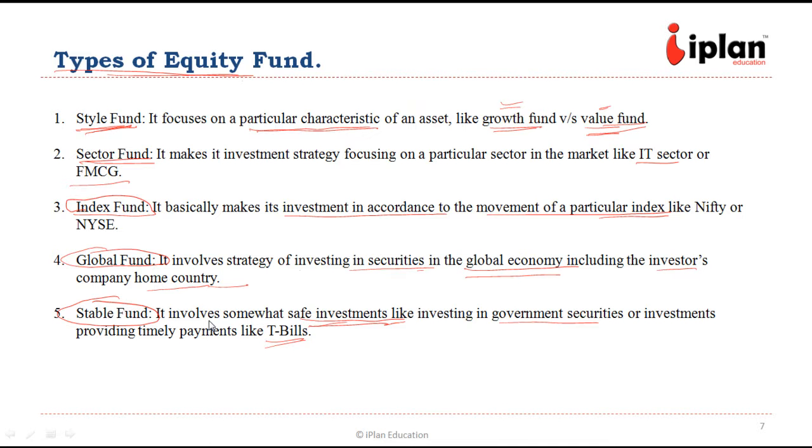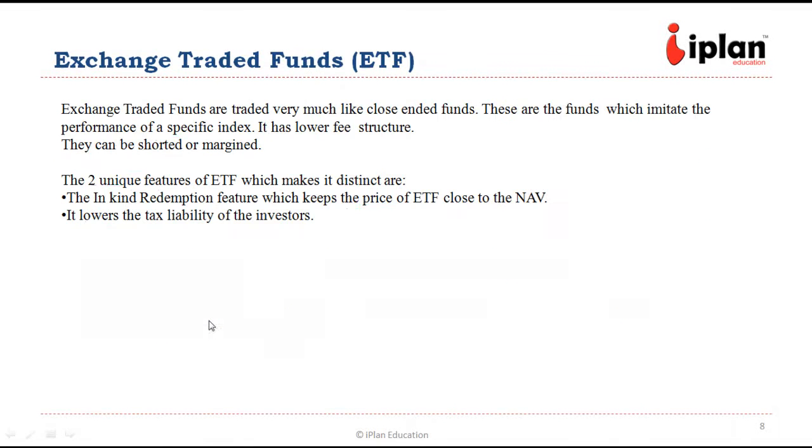Let us move to the next slide. Exchange traded funds. These funds are very similar to closed ended funds, as they also imitate the performance of a specific index. The fee structure is lower, and another characteristic is that they can be shorted or margined.